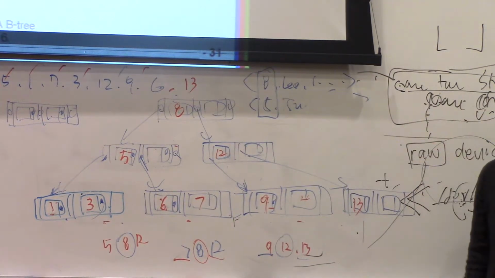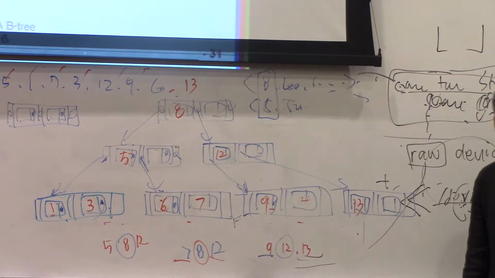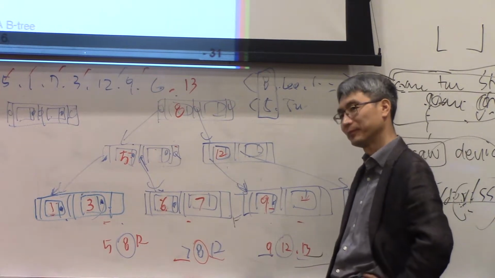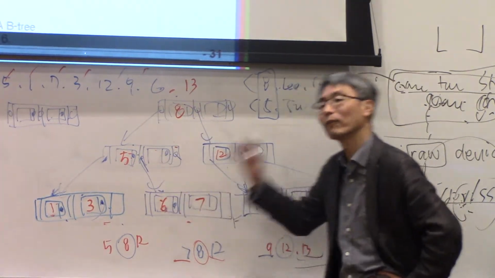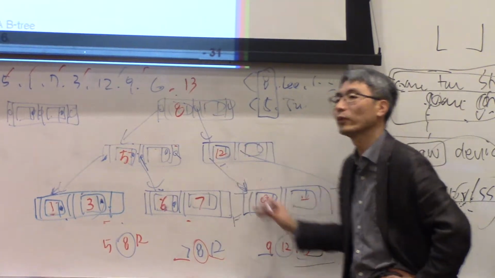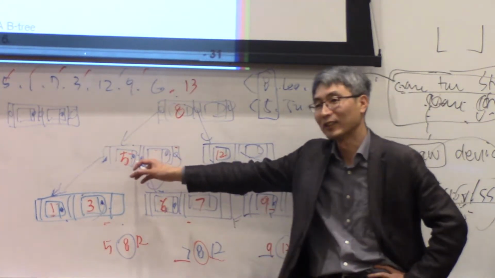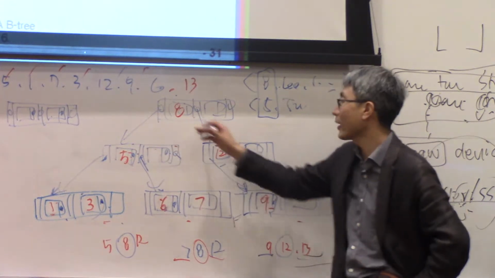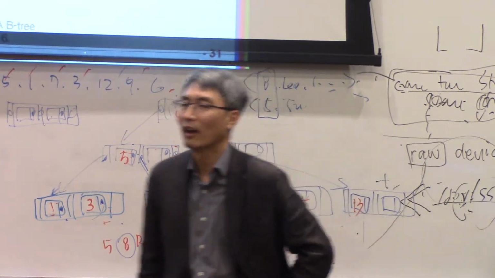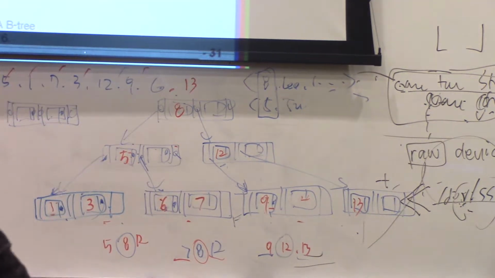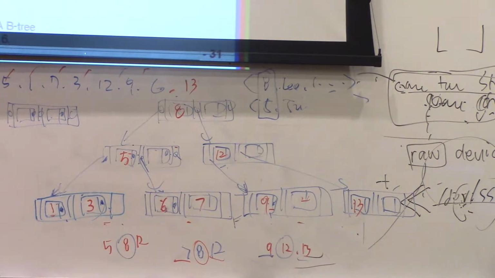Always plus 1. Whenever you are using the index, plus 1. What about 5? What about 6? 1, 2, 3, 4. What about 9? 1, 2, 3, 4. What about 5? 1, 2, 3. What about 8? 1, 2. So, it looks like balanced, but still not completely balanced.